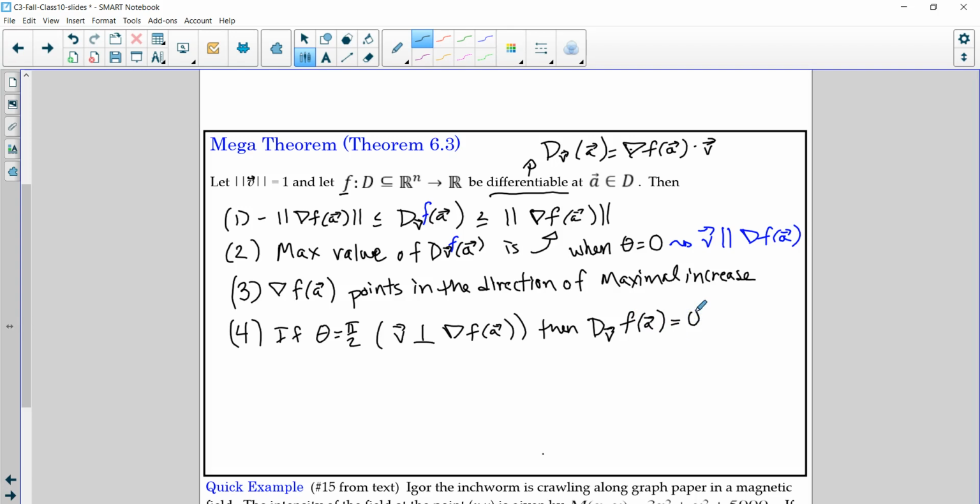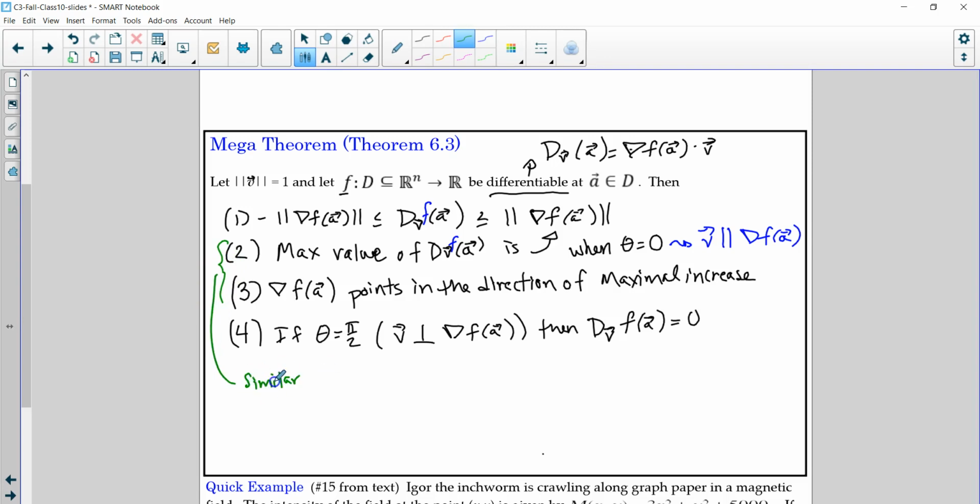I will also say that in properties 2 and 3 we talked about maximum values. We can also define similar things for minimum.